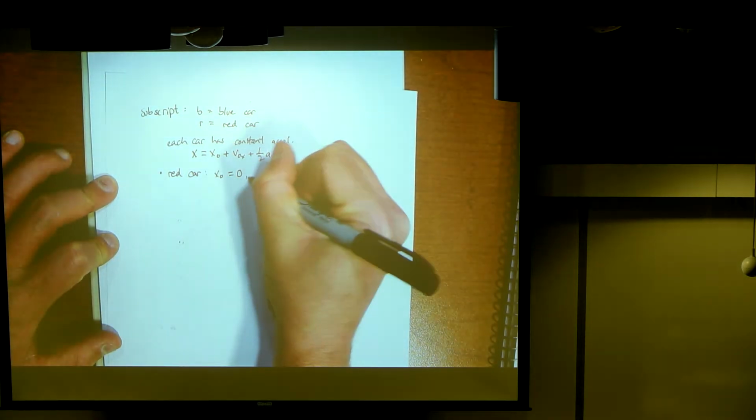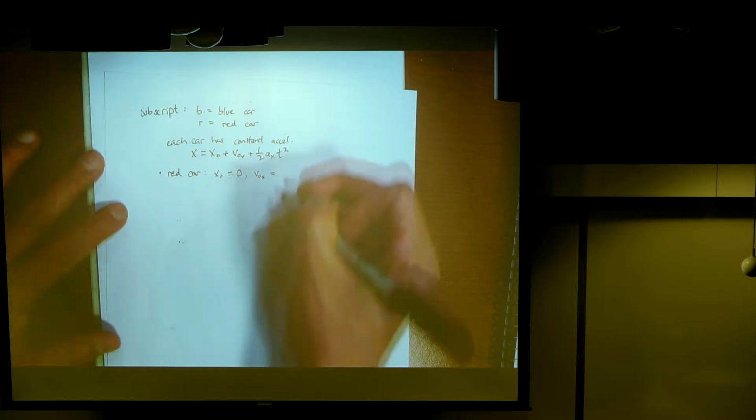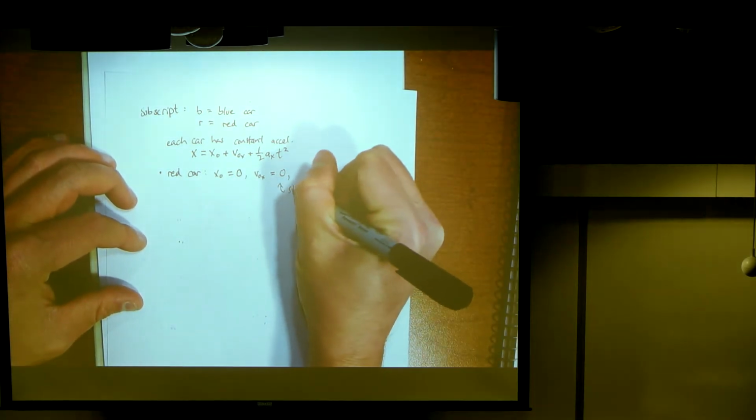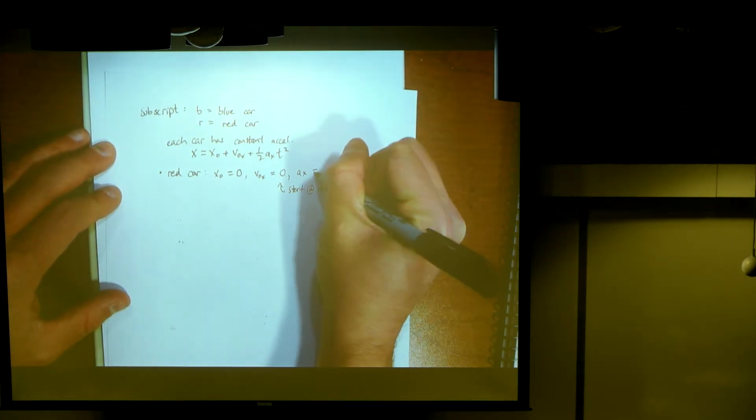What can we say about v naught for the red car? That's the initial velocity. 0. It's also 0 because the idea is both cars are starting from rest and then they begin to move towards each other. So this is just due to the fact that we start at rest. Okay. And then our acceleration for the red car, that's just given too.